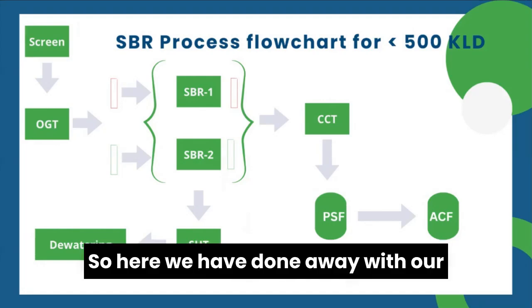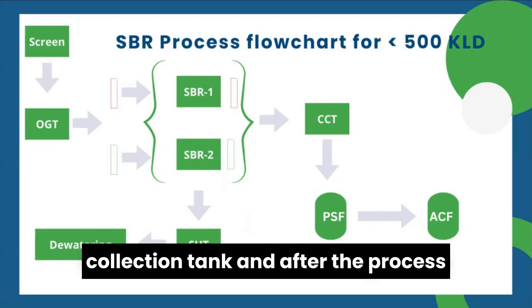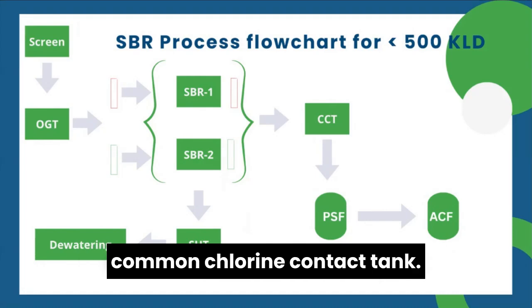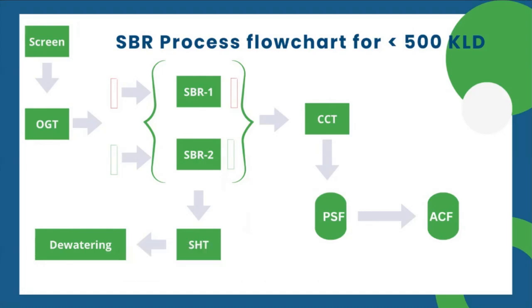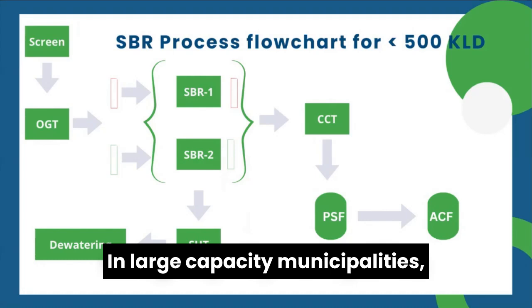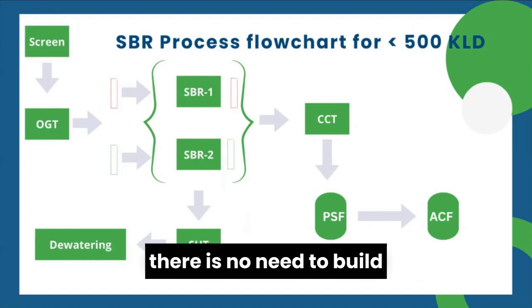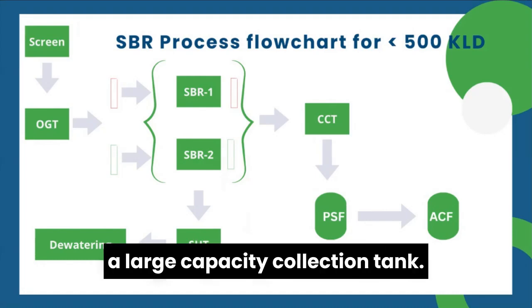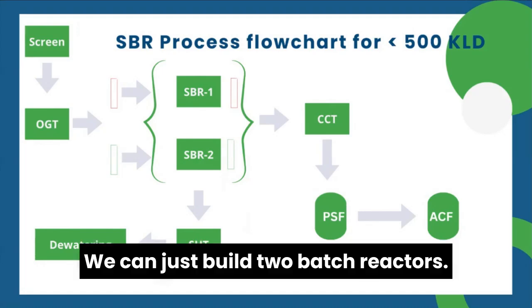So here we have done away with our collection tank. And after the process, a common chlorine contact tank. What is the advantage here? In large capacity municipalities, there is no need to build a large capacity collection tank. We can just build two batch reactors.